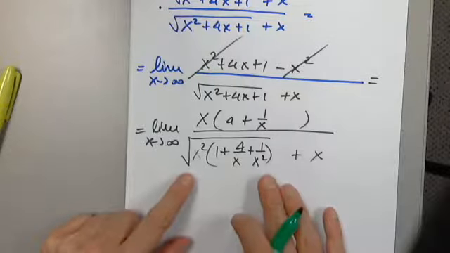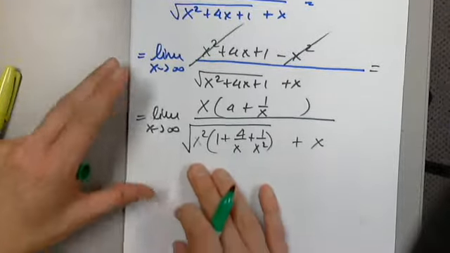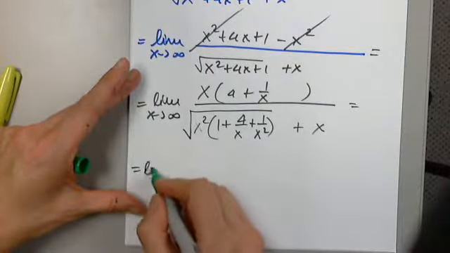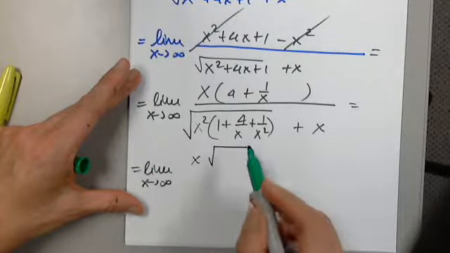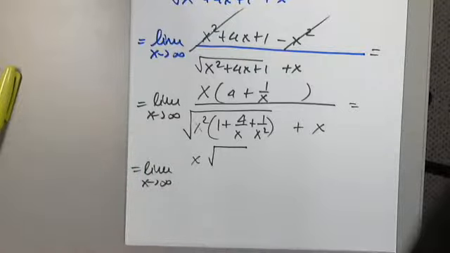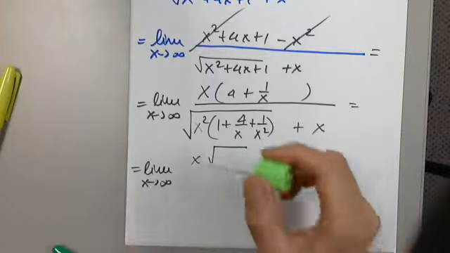I got back to the same situation in which I have to take the square root of x squared. But I have to ask myself something very important before I do anything. Sorry about that. I just got carried away with that square root at the top.